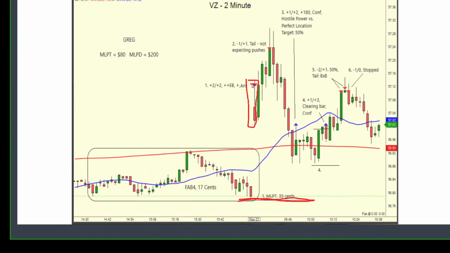I like it. Now here's the thing. We got in at 12 and we exited at 24, so we took a 12-cent profit here. I think that's too soon to think about any kind of profit take.